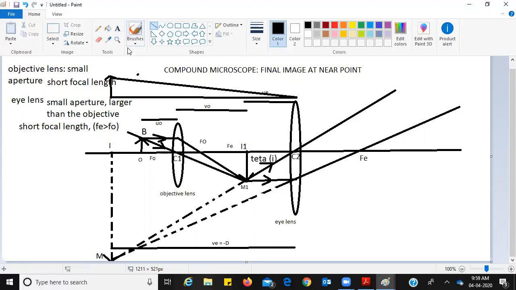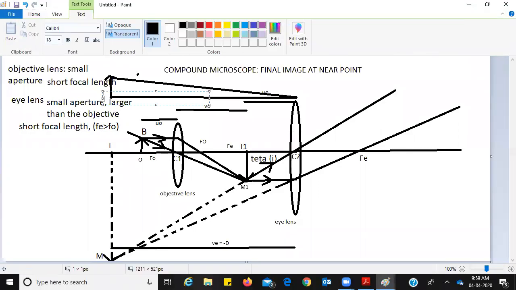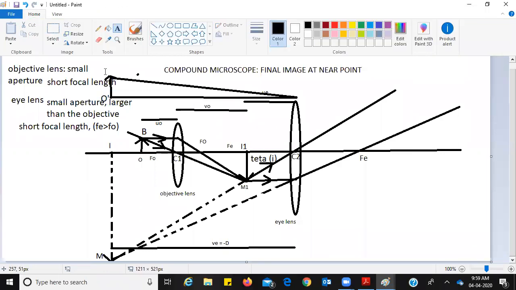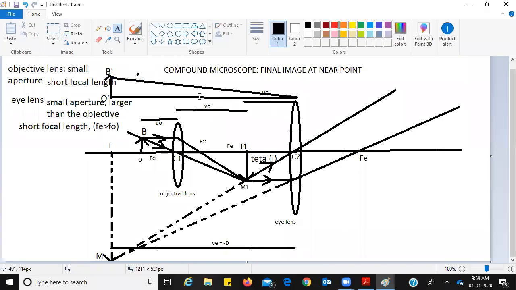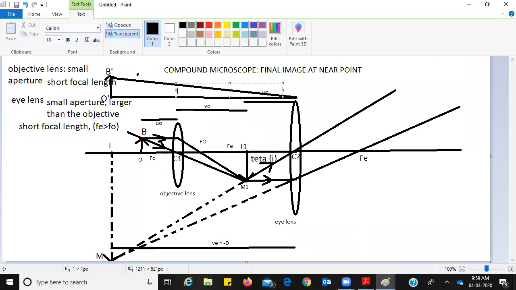That point we still mark as O dash, and this point is B dash. And this angle will be theta O.